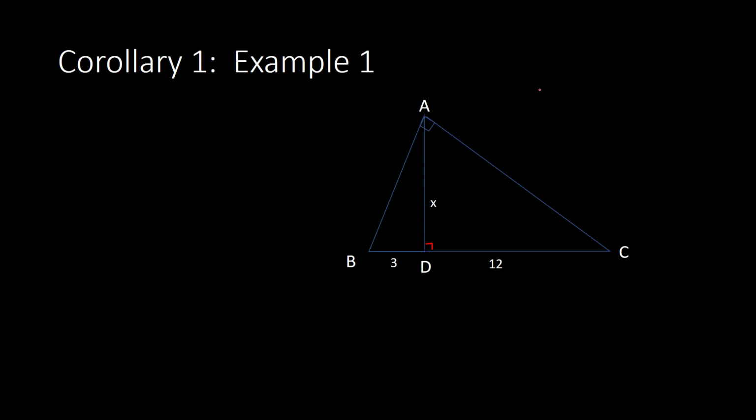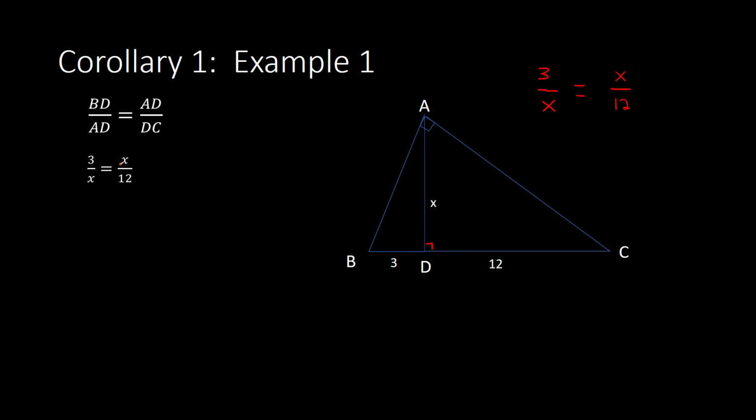So when I set up my proportion, x is the geometric mean, so x would go down on the bottom left and on the top right, because those are the means of the proportion. And the 3 and 12 would go here and here. So my proportion would be 3 over x equals x over 12.